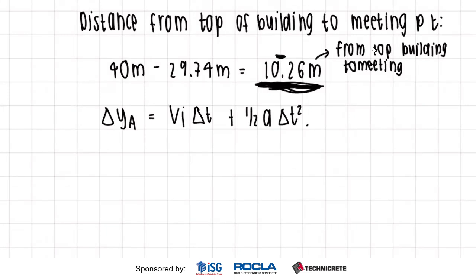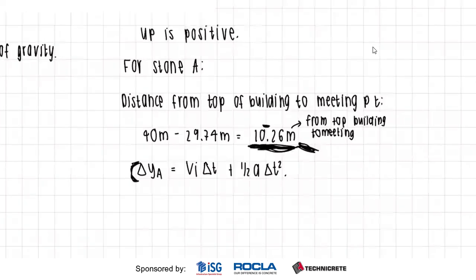Our change in y, the change in the height, we know is 10.26 meters. Great, all good and well. But it is 10.26 meters going down. This ball isn't going up, it's going down, and we have chosen up as positive.